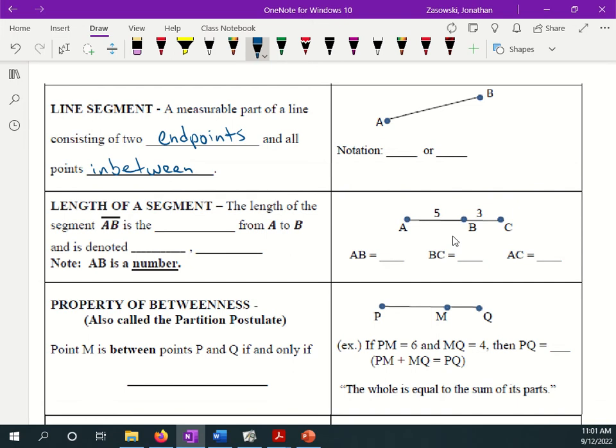All right, the notation. Let's say we add a point on here and call it B. So we could call this, first of all, we have to use the endpoints because it tells us where to start and end. So I could call this AB, or flip it and call it BA.